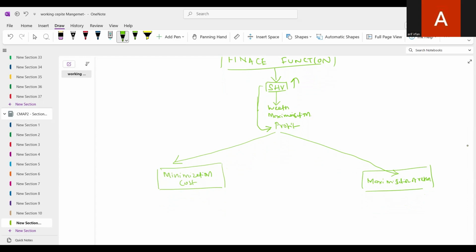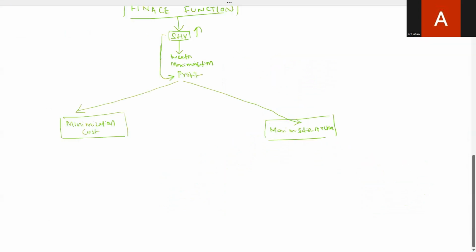So now from the finance function point of view, the function starts with procurement of funds. Procurement of funds means any business organization, if you want to start, first you have to get in the funds.